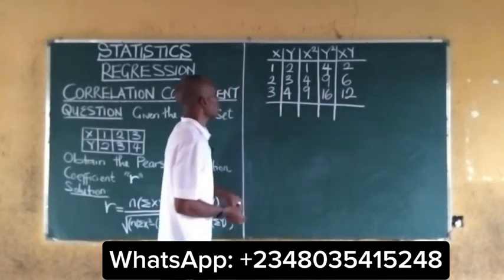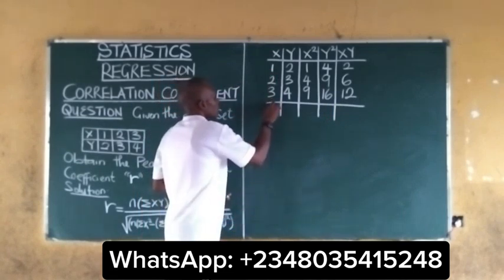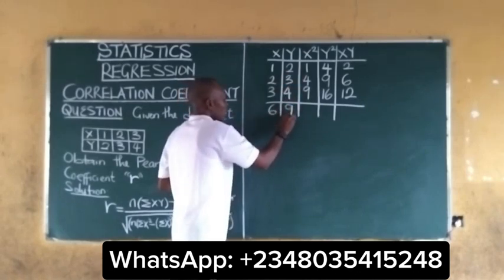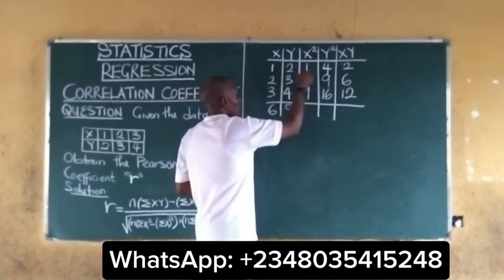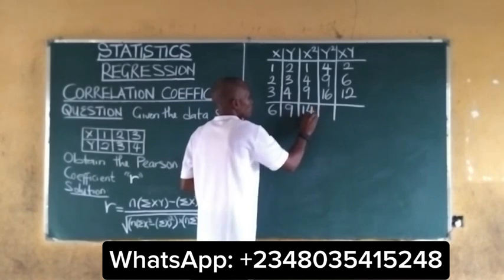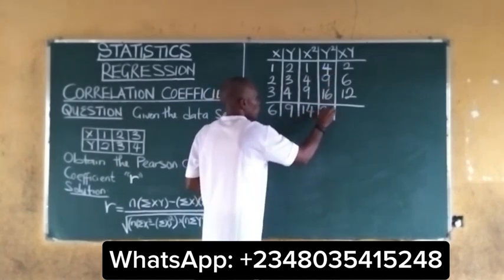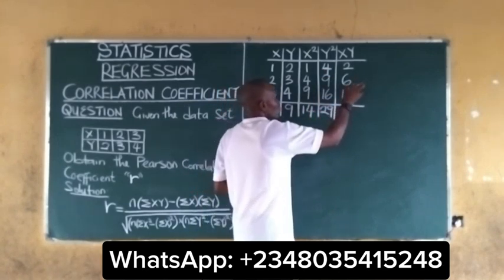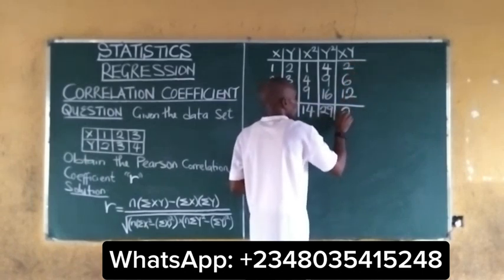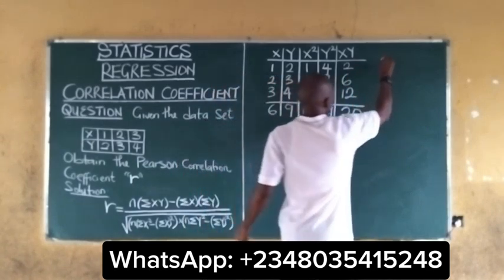Of course, 3 plus 2 is 5, 5 plus 1 is 6, 7, 9. 9 plus 1 is 10, 10 plus 4 is 14. 16 plus 4 is 20, 20 plus 9 is 29, and 12 plus 6 is 18, 18 plus 2 is 20.